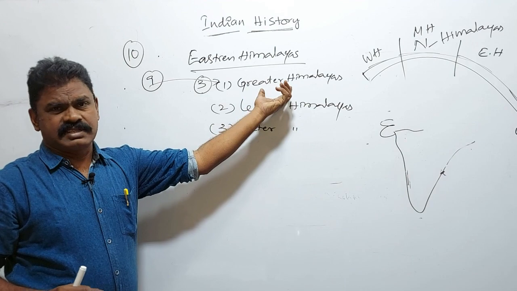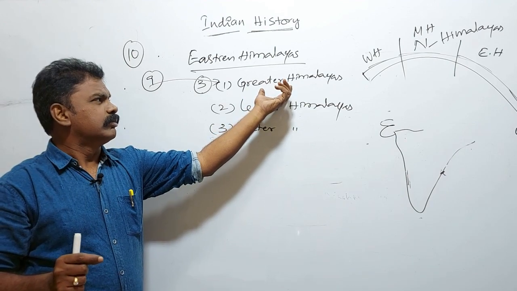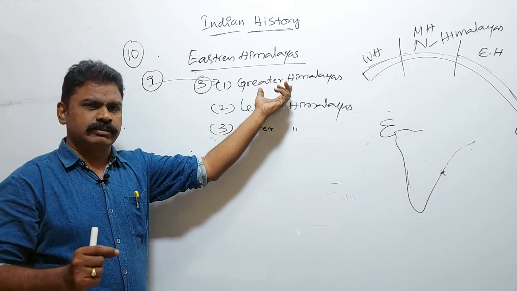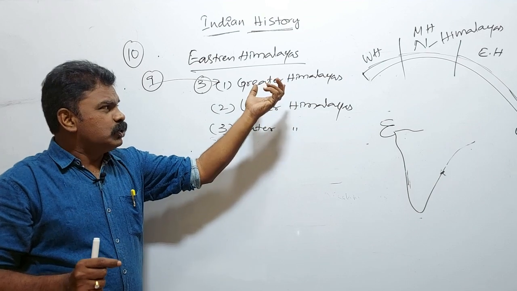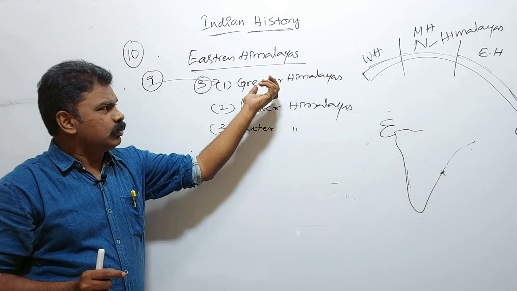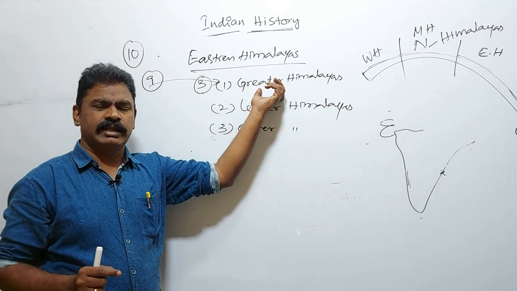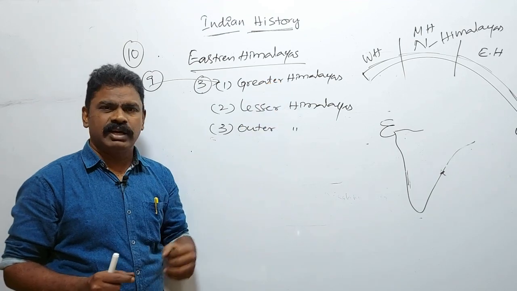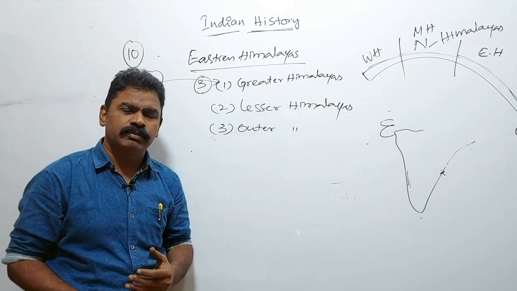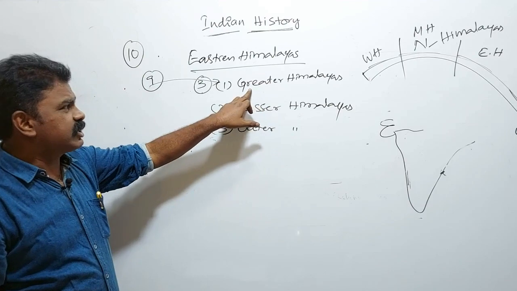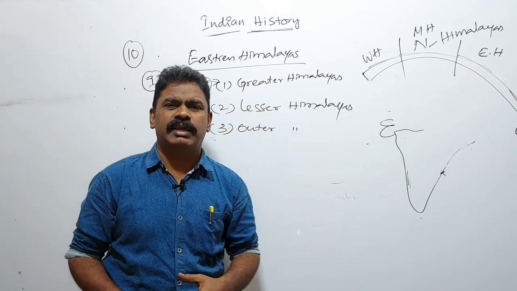Greater Himalayas are the centers of Hindu tradition. Hindu religion is also popularized in the Greater Himalayas, like the Badrinath and Kedarnath temples. Badrinath and Kedarnath temples are situated in the Greater Himalayas.